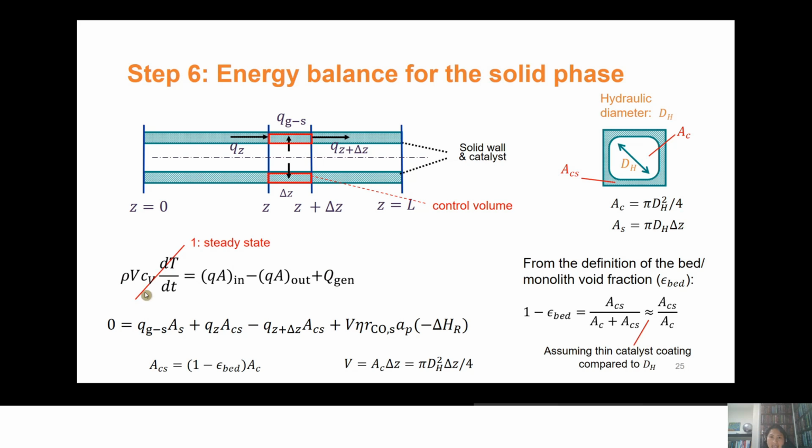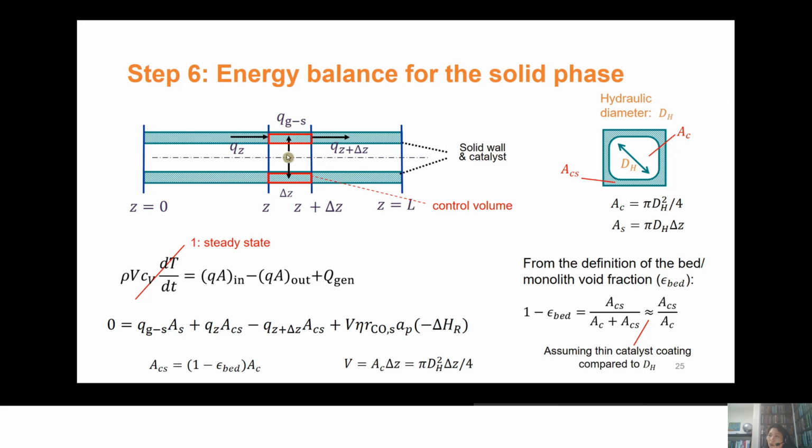And we can cancel the accumulation term as we have done previously because it's a steady state. This leaves the energy flows in and out of the control volume and the generation term. So the energy flowing into the solid from the gas phase, QGS, as we defined it in the gas phase, but it's now going into our control volume.